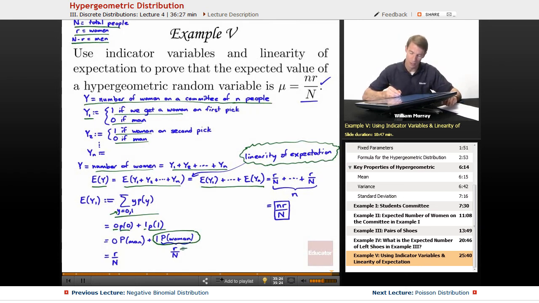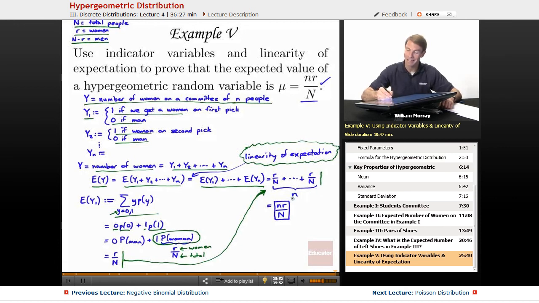Well, there's r women in the room, and capital N total people in the room. So the probability is r over capital N. So we fill that in for each of our expected values here. It's the same for every indicator variable. So we're adding up a bunch of r over capital N's.